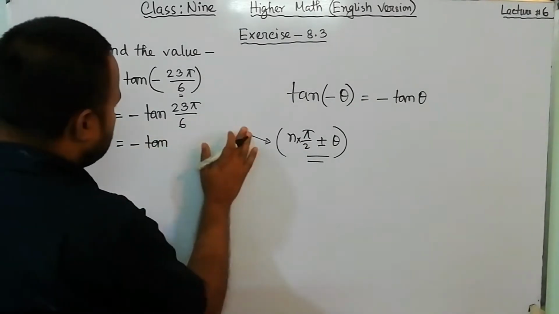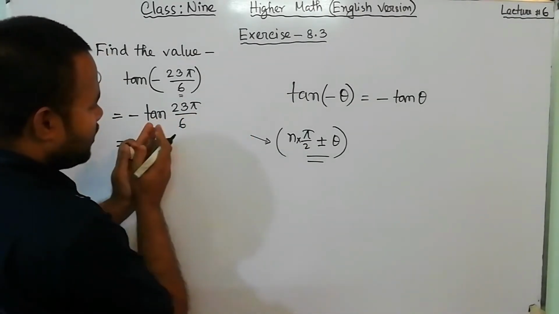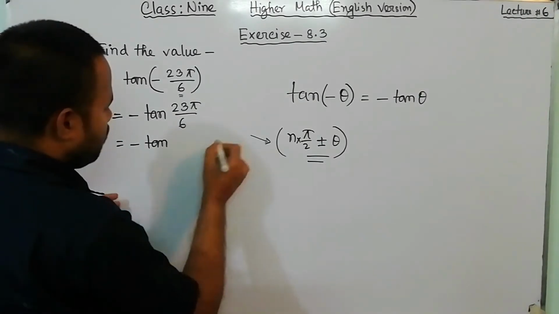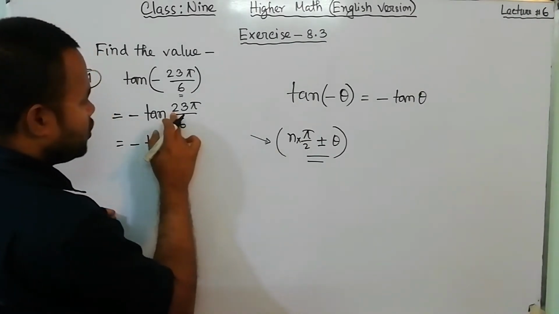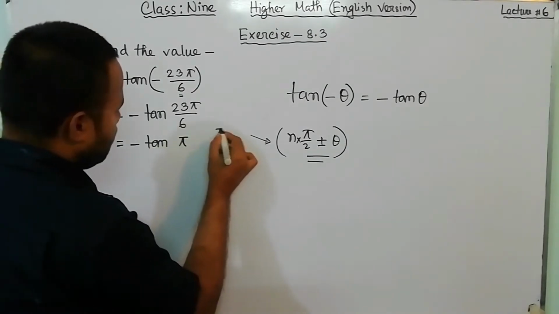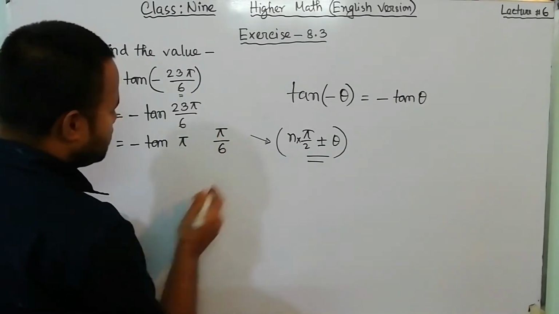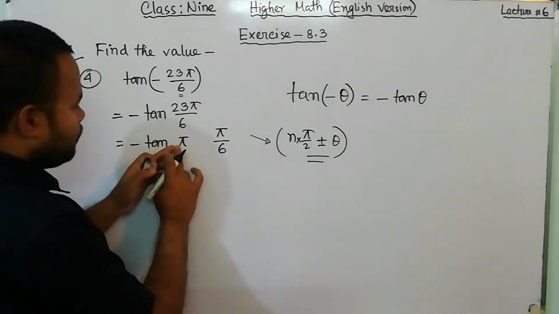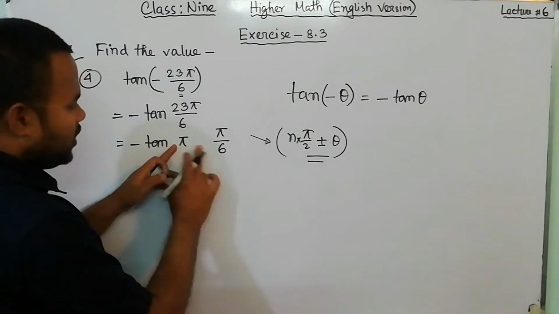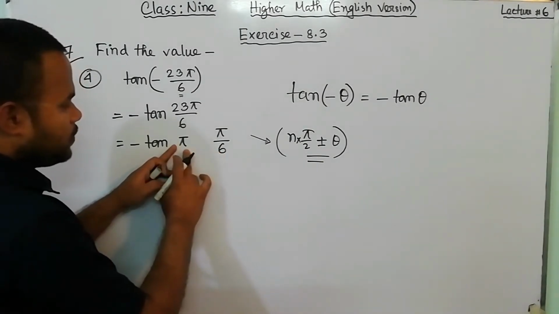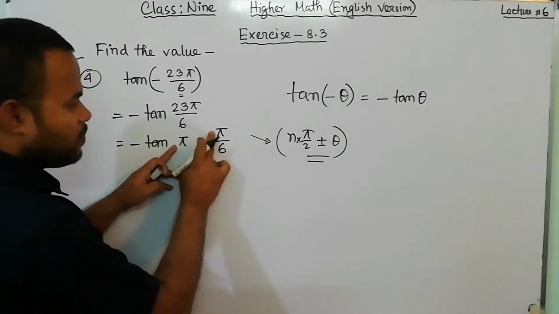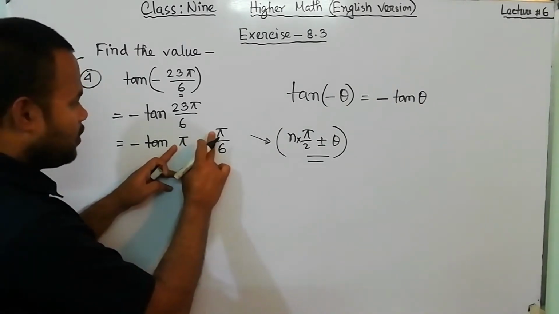If we divide this angle into two parts, then we can write 23 pi by 6 as some multiple of pi plus pi by 6. Now if we put 1 here, then if we add these two terms, we have 6 pi plus pi, that is 7 pi.